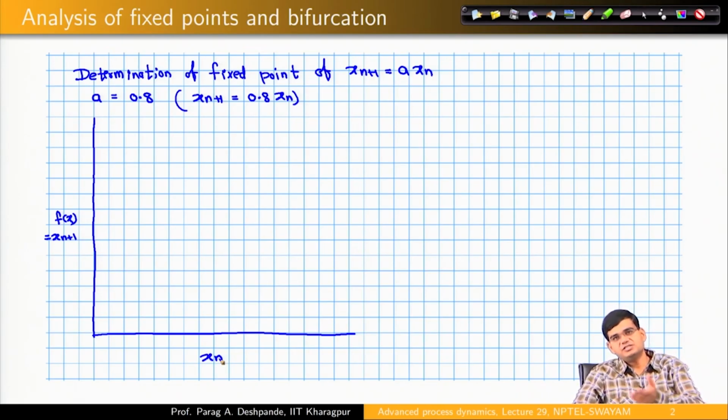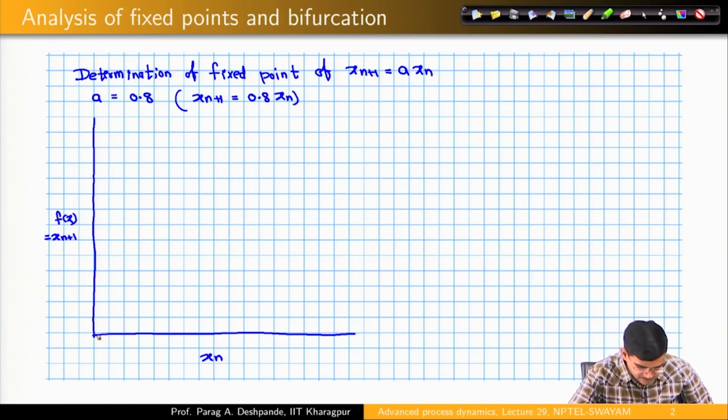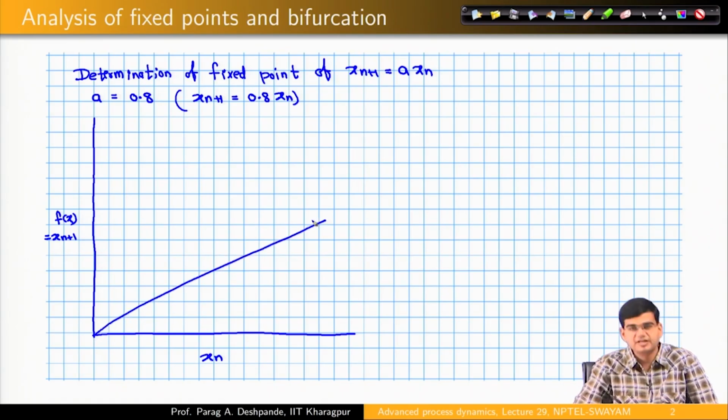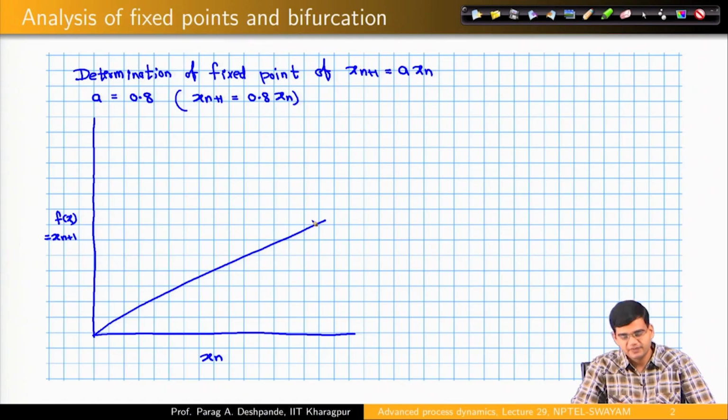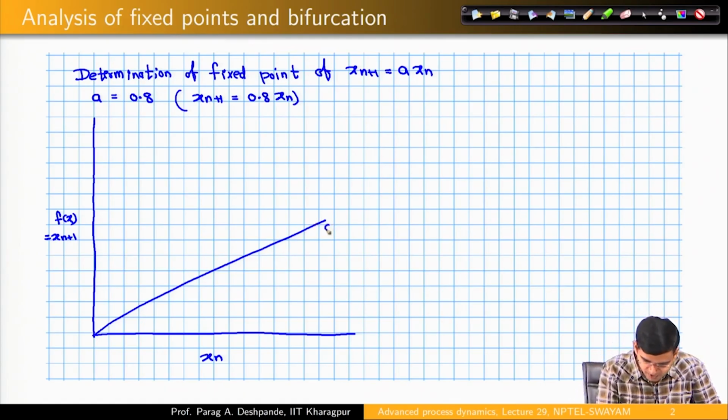X n plus 1 is changing with x n, and x n is changing with time. So, therefore, ultimately I am getting the evolution of my system. So, f of x, which is x n plus 1, is 0.8 x n. So, therefore, this is going to be a straight line with the slope 0.8. Okay. So, this is x n plus 1 is equal to 0.8 x n.